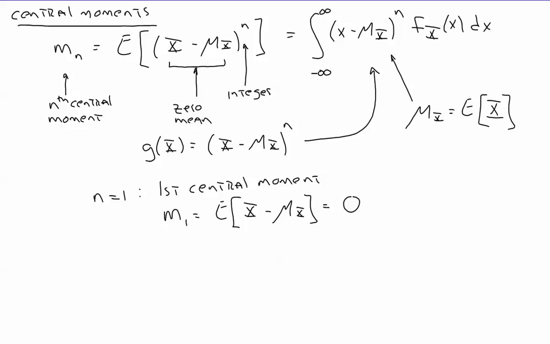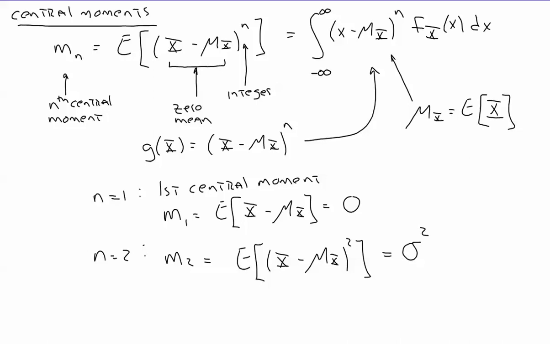What about n equals 2? My second central moment is the expected value of x minus mu x squared. What is that? Hopefully you recall from a few pages back, this is my variance, which is the square of the standard deviation.